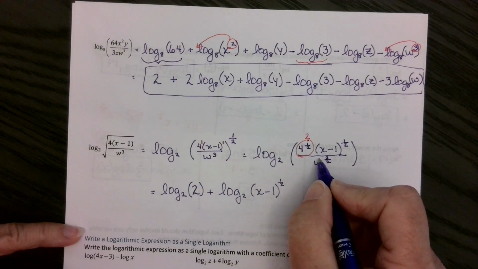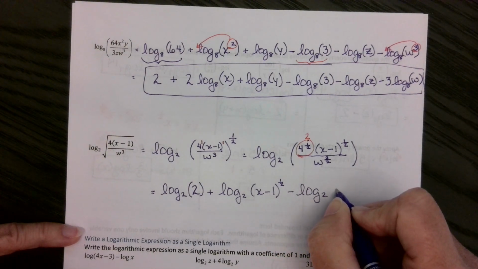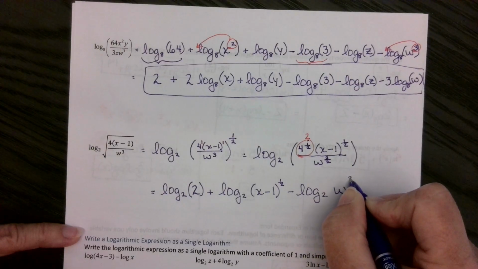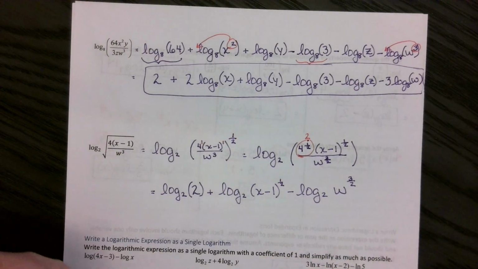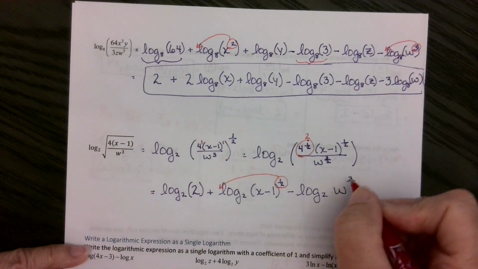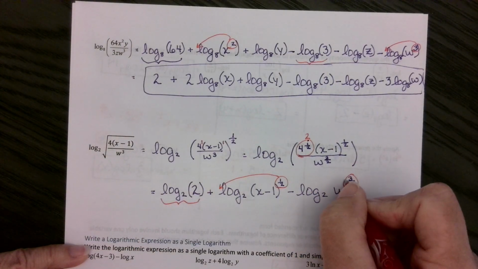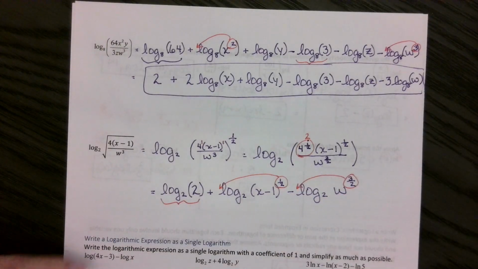And then division is subtraction, log base 2 of w to the 3/2. Okay, we need to see if we can simplify, and we need to take our exponents to the front.